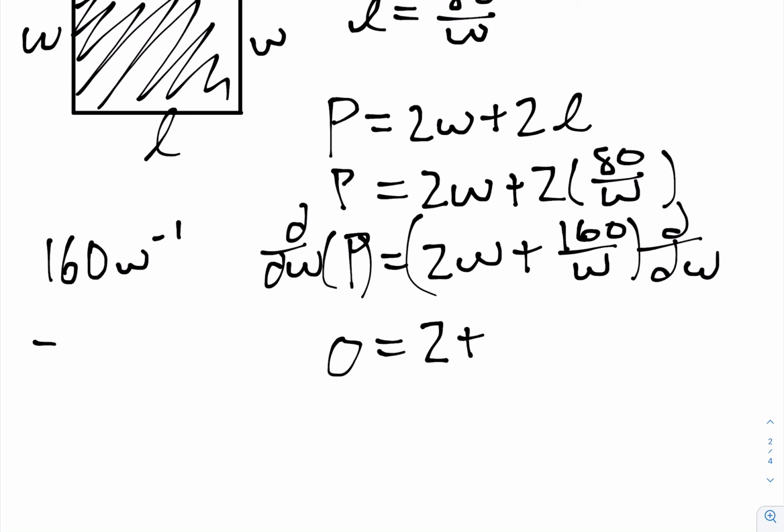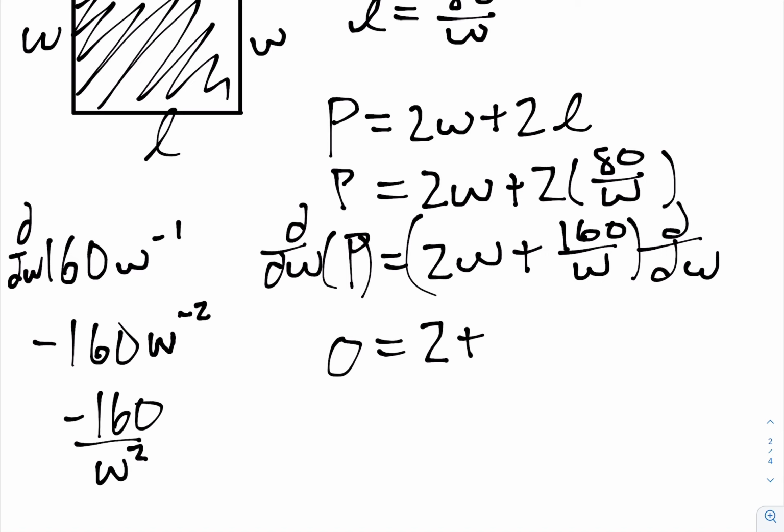So if we take the derivative, this is negative 160 if we bring this negative 1 down, times W to the negative 2, because we're reducing that exponent by 1. Or in other words, it's just negative 160 over W squared, right? So it's going to be 2 minus 160 over W squared.